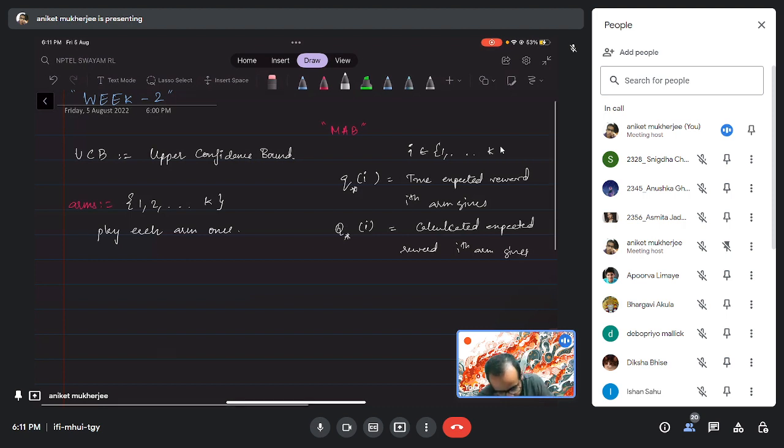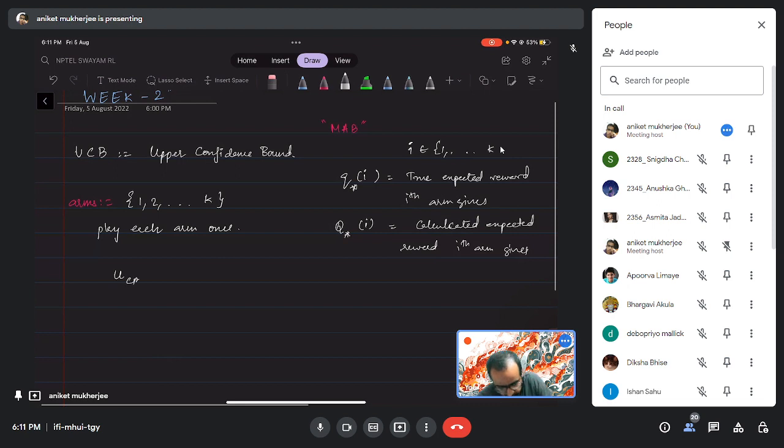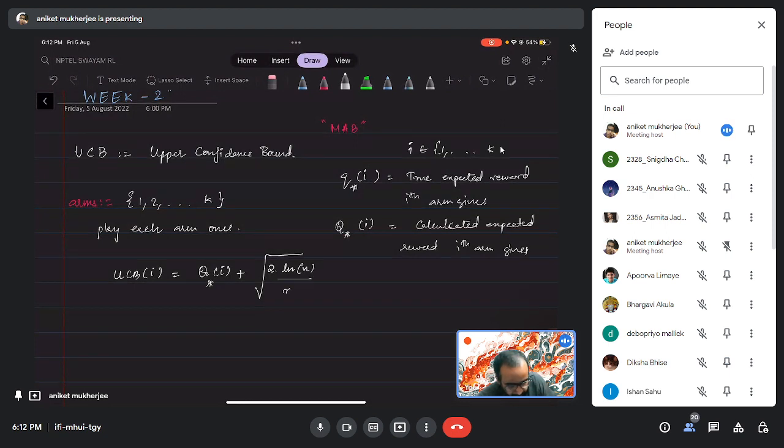Then you calculate the UCB for each arm, which is given by Q star i plus square root of 2 log n by n i, the UCB at the nth step.